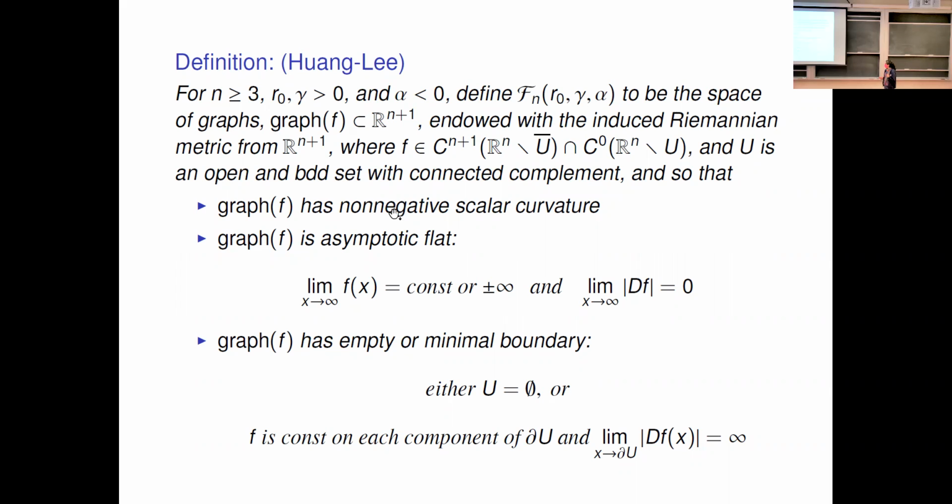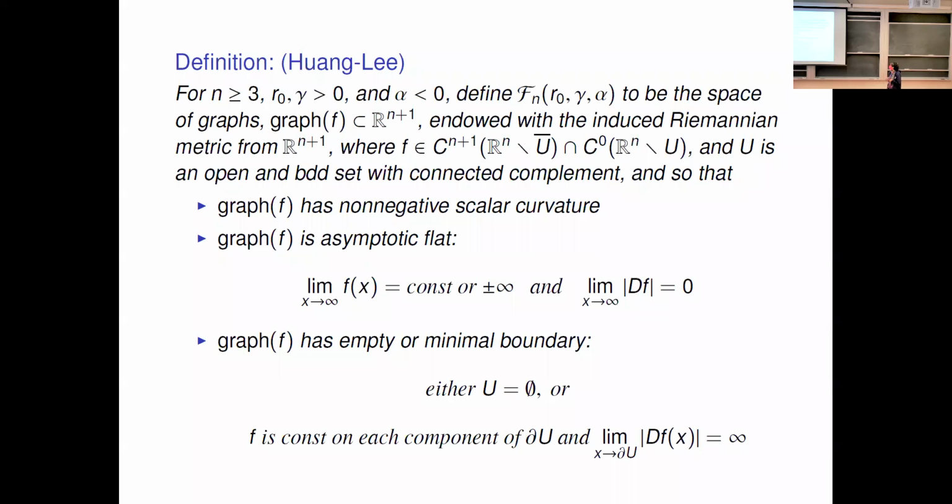Or if this set is non-empty, we require the function to be constant on each component of the boundary of U. And we require this condition on the gradient of the function f when x approaches the boundary of U. So that would give us the minimality of the boundary of U.